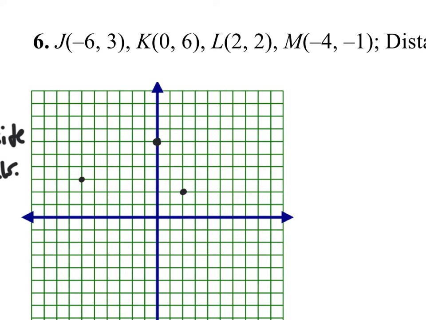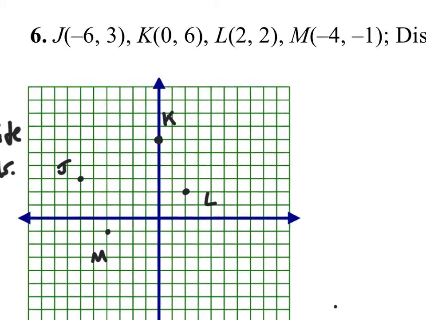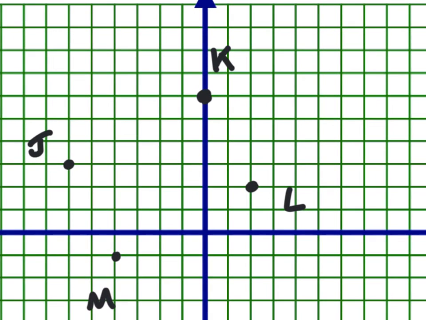And then M is negative 4, negative 1, so 1, 2, 3, 4, down 1. So this is point J. This is point K. L is right here, and then this is point M. Okay, so what I'm going to do is zoom in here and connect my dots.